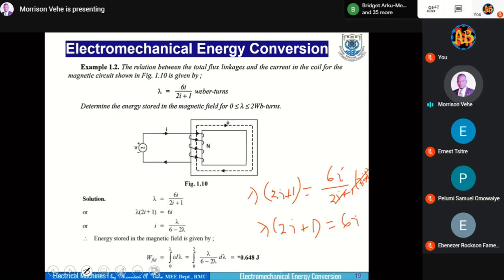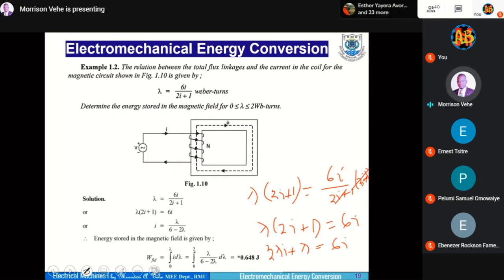You can also expand this and make i the subject. If you expand it, you have 2 lambda i plus lambda equal to 6i.